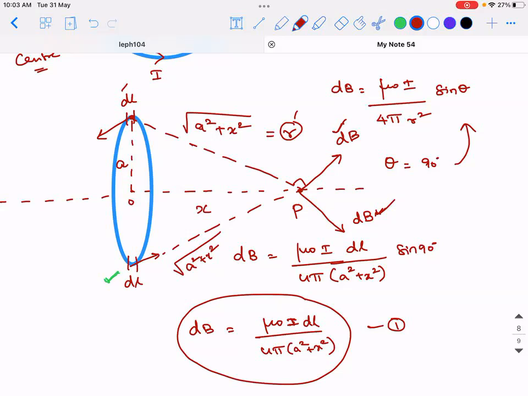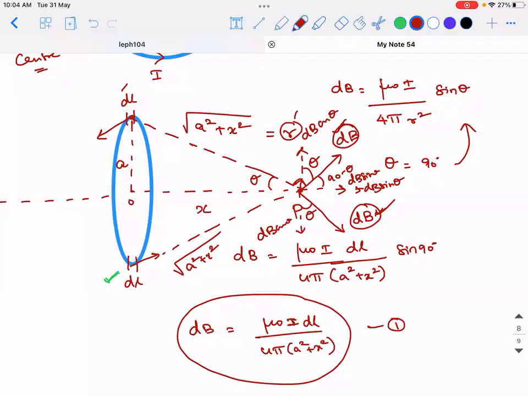So what we are supposed to do is, if I take this to be theta, this is theta, this is 90. Then how much will this be? 90 minus theta. Now I can resolve this dB into two components. What are they? dB cos theta and dB sin theta.